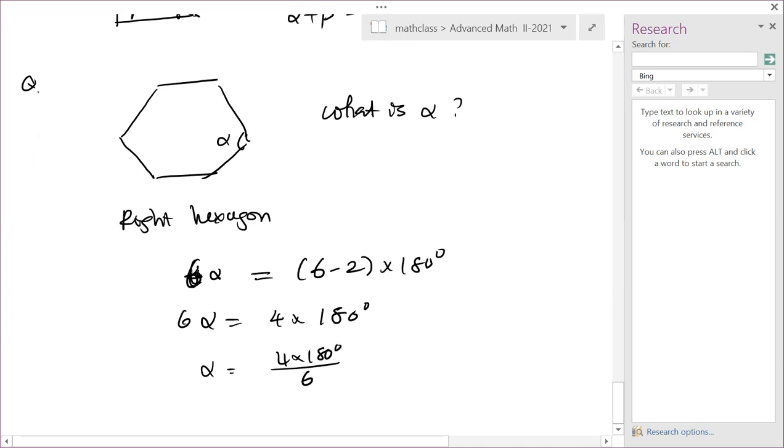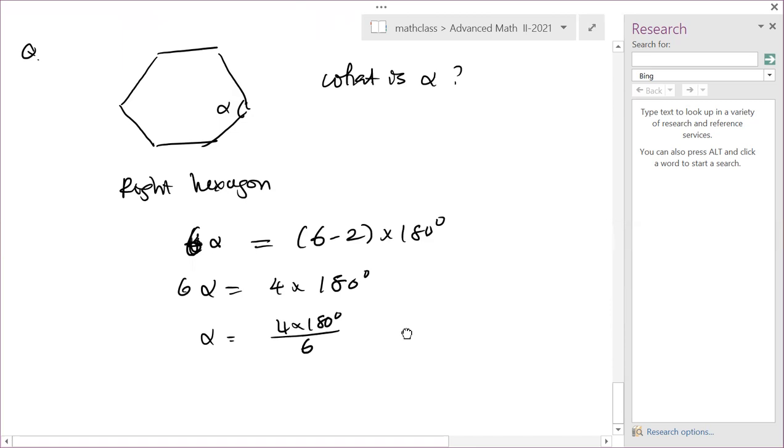You simplify it, and that is going to be 120 degrees. You can simplify this: this is 2, here's 3, and 360 degrees.